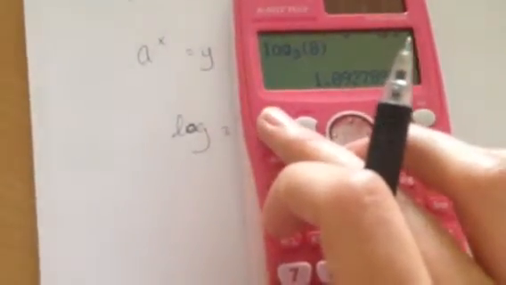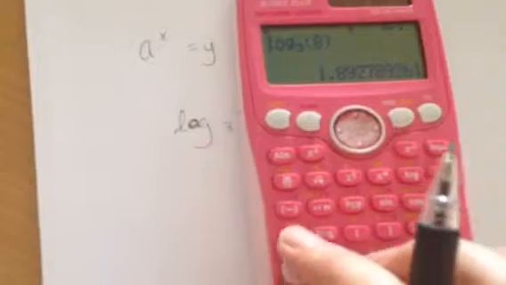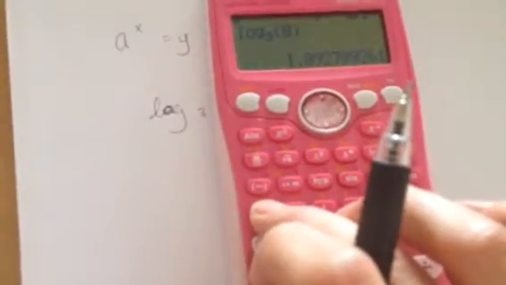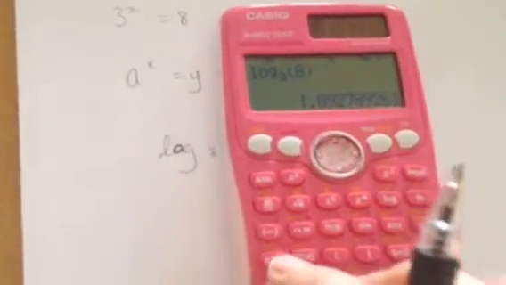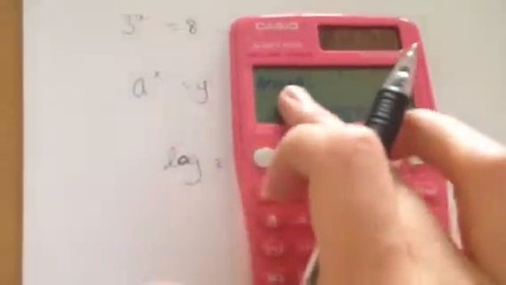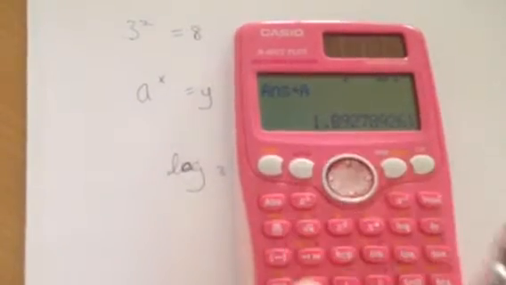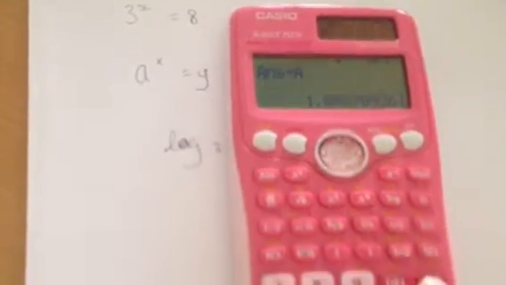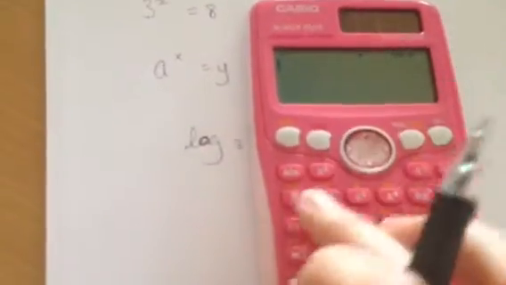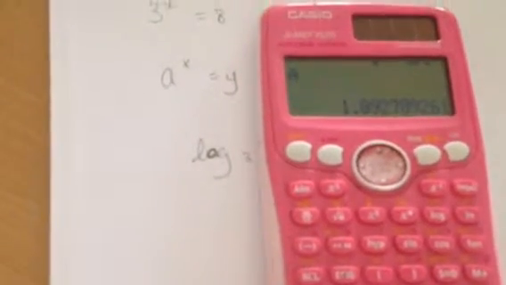Well, I press Shift, and then I'm looking for the STO above this button or CL here, and I'm going to store it as A. So now my answer is stored in A, and if I want to get that back up, so if I press AC and want that number again, I can just press alpha, and to get the A up, press equals, and there's my number.